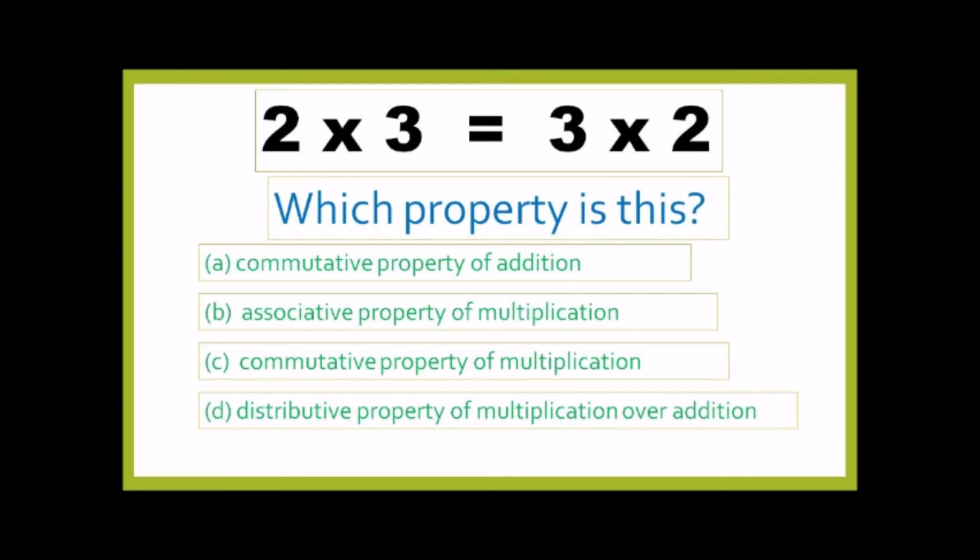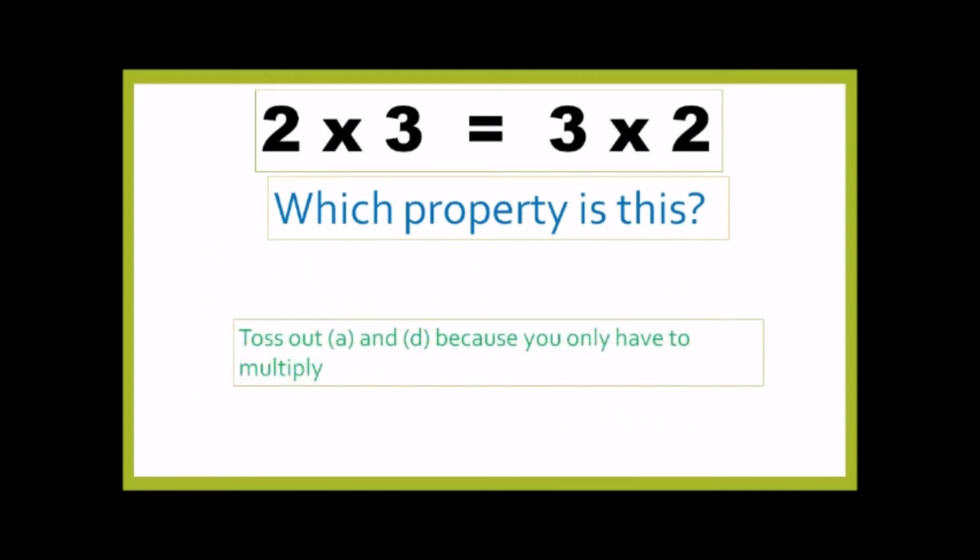Let's toss out some of the wrong answers first to help you. So looking at it, you know you're strictly multiplying. So it has to do with multiplication. So let's toss out A and D because you only have to multiply for this one.